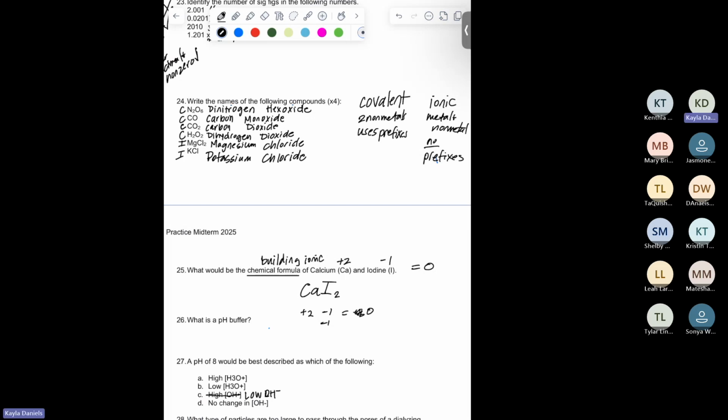The other trick is to swap the charges to be the subscripts, or the tiny numbers. We don't have to put ones in there. So calcium was going to take on the 1, but since we don't have to put ones, we just left it as calcium. And then I got 2 from the charge of calcium. If it's easier to do it the way I first did it, then just do it that way.